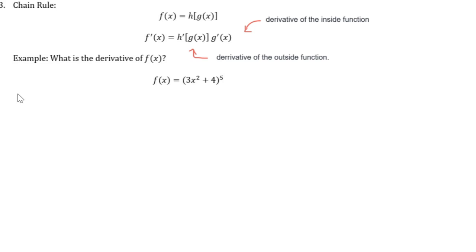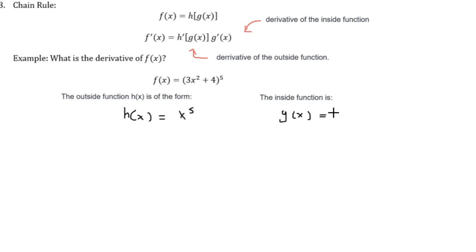So in this case, we can say that the outside function, which is h of x, is of the form x to the fifth. So let's say h of x equals x to the fifth. That's like the general form. And obviously the inside function is 3x squared plus 4. So that one just stays the same.